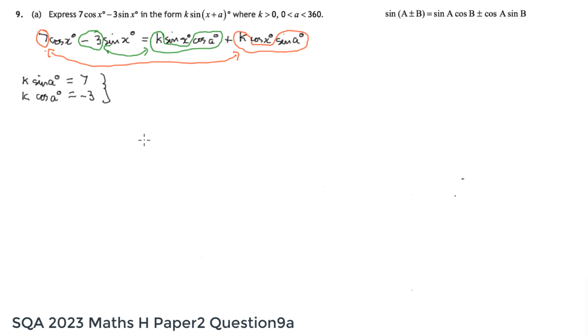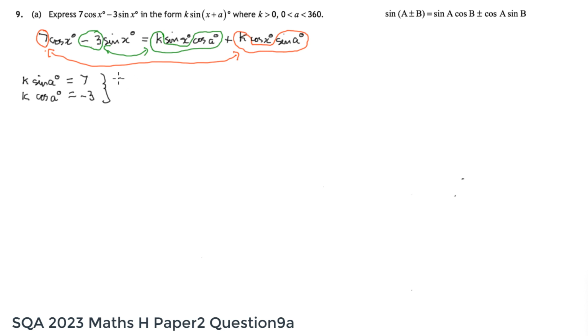Now, what can we say first of all before we move forward about this angle A? Remember up here it says k is positive, so we know from this one that sine A must be positive because the right-hand side's positive. Positive times positive must give you positive.